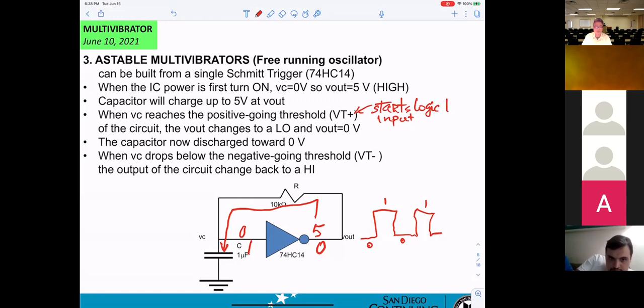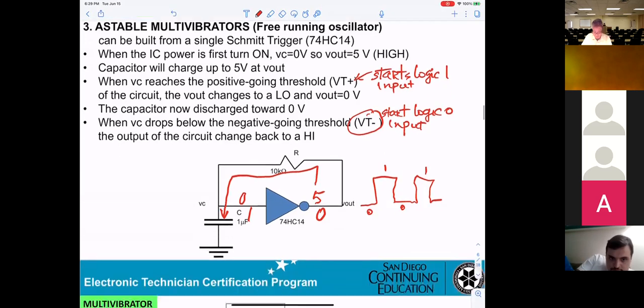And you also have another one, VT minus, where it will be stuck at the logical low. Okay? That's how.